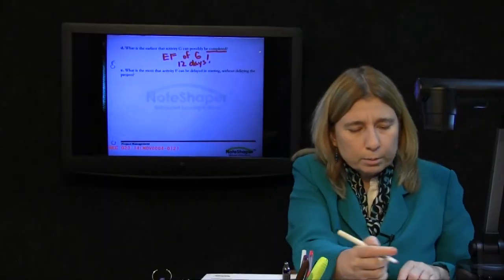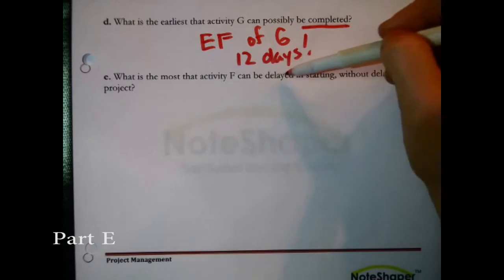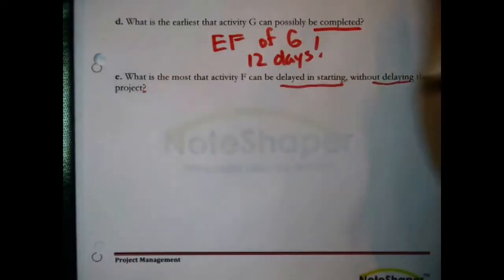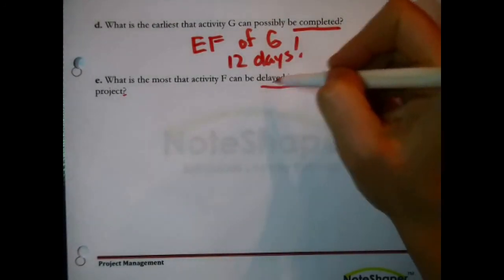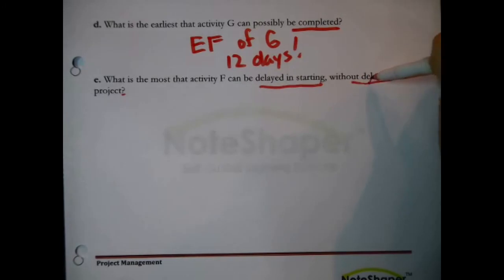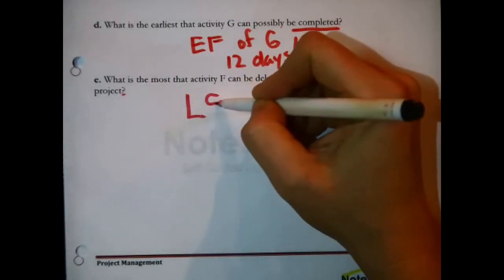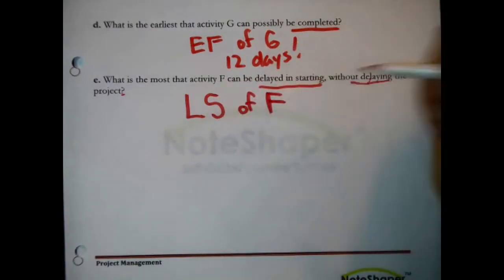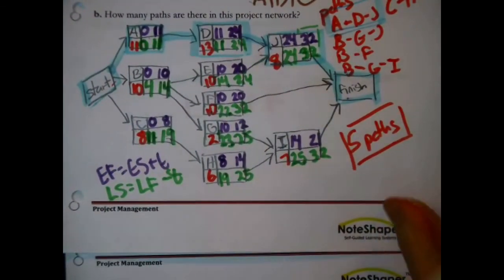Okay, how about this one? What is the most that activity F could be delayed in starting without delaying the project? Oh, that is also pretty easy given all the other work we've done, because this is just another way of asking for the late start time, and it's asking about F. Just have to find it. Okay, F, here.